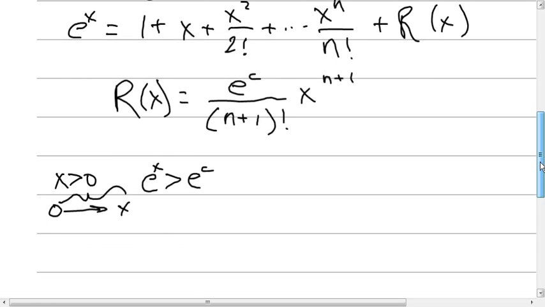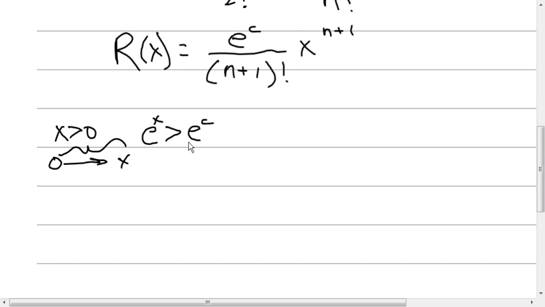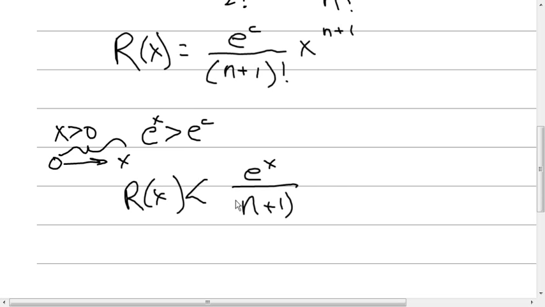There's nothing surprising about the other situations. And therefore, we could say, well, that R of x is less than e to the x over n plus 1 factorial times x to the n plus 1, like this, and then say, well, okay, now we could actually plug in x here and then look at our limit as n goes to infinity.